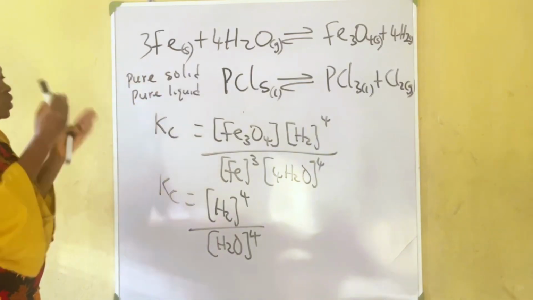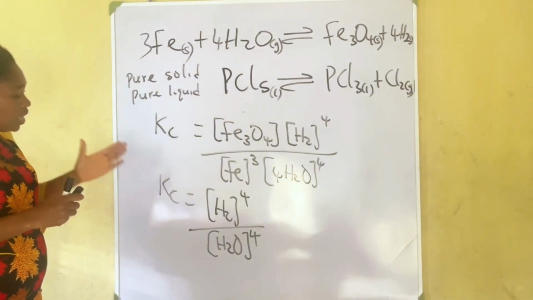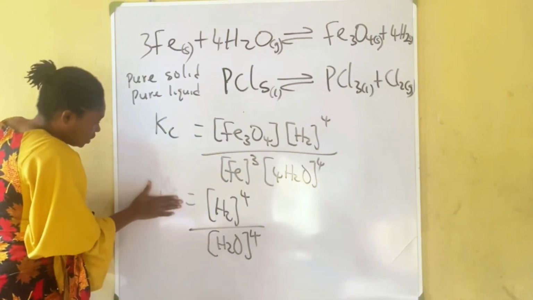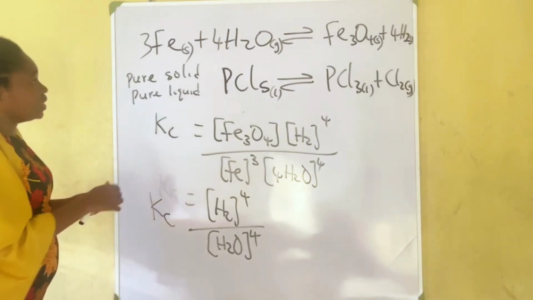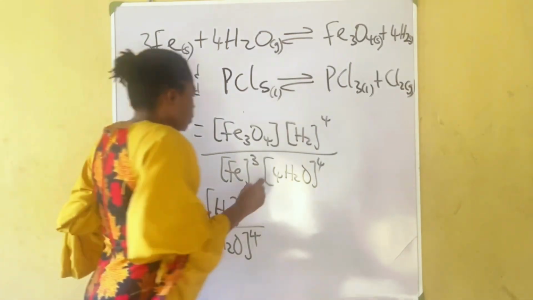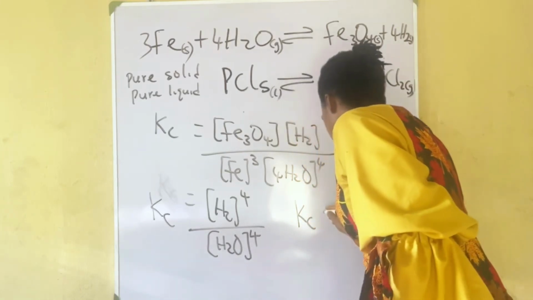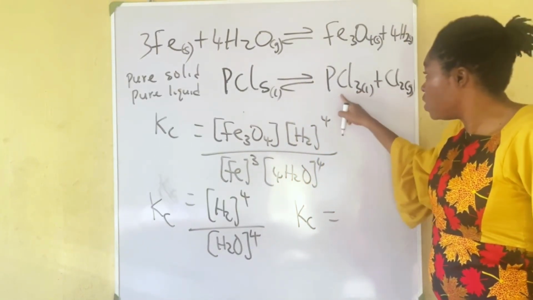So if it's solid, it doesn't appear; pure liquid, it doesn't appear in the equilibrium constant expression. Then you can do the same for this one. For the second equation, this one is gas, this one is pure liquid, this one is liquid.